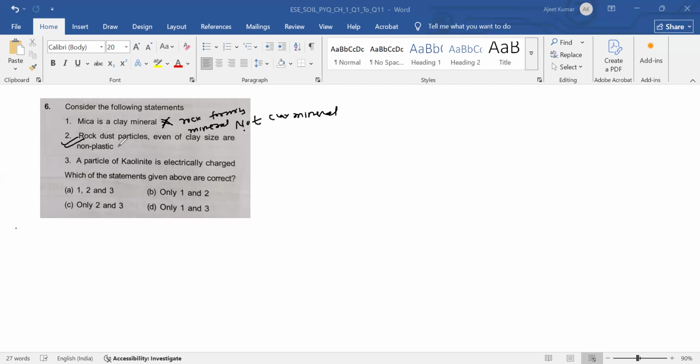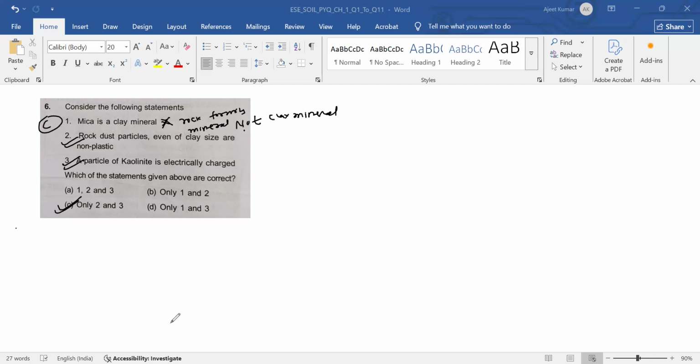Statement three: a particle of kaolinite is electrically charged. Yes, this is also correct. So statements 2 and 3 are correct, one is wrong. The option will be C. So question number 6, answer will be C.